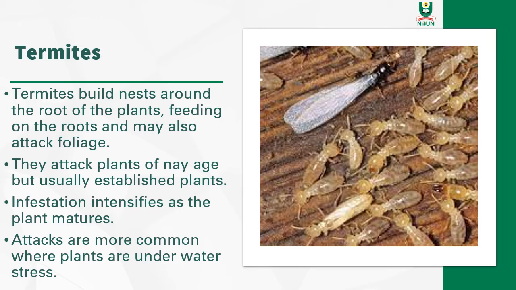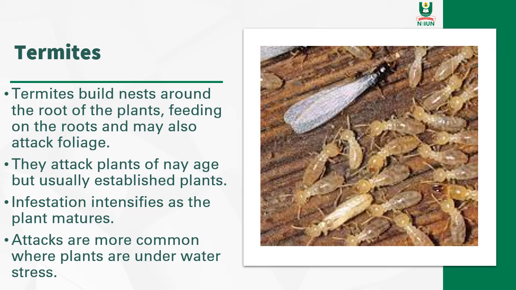They attack plants of any age, and are usually established plants. Infestation intensifies at maturity. As the plant matures, the infestation increases. So it doesn't go away with time. It's always there to destroy the plant.